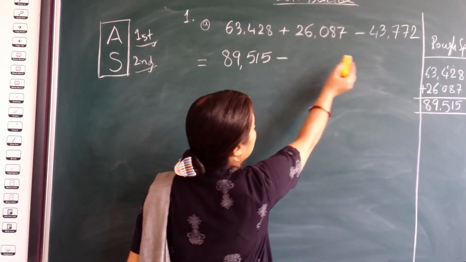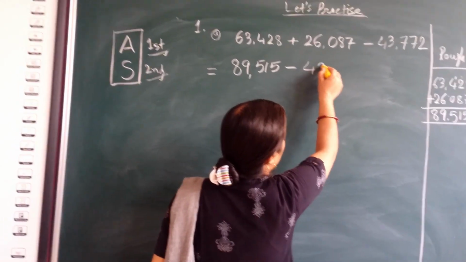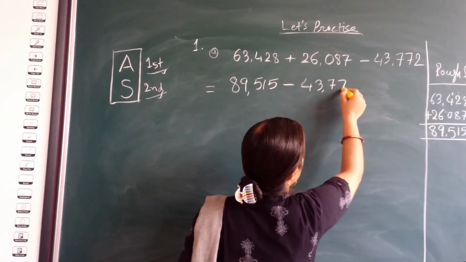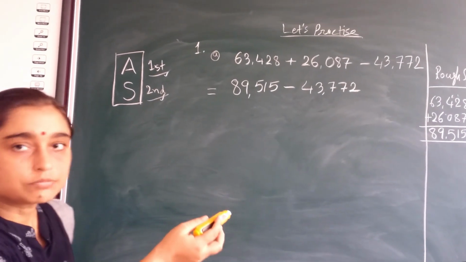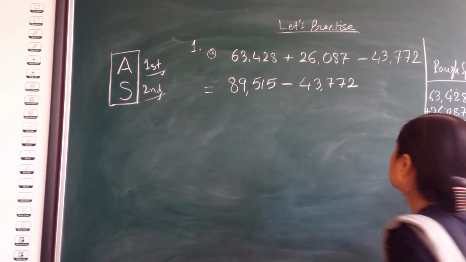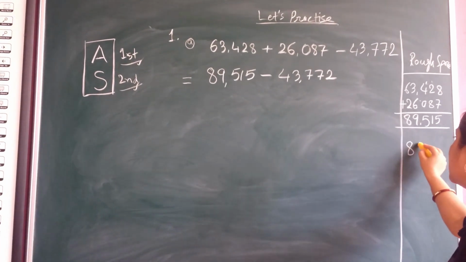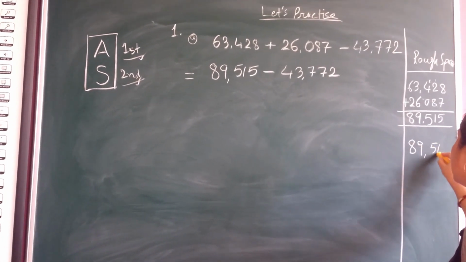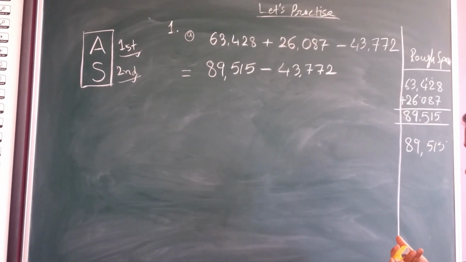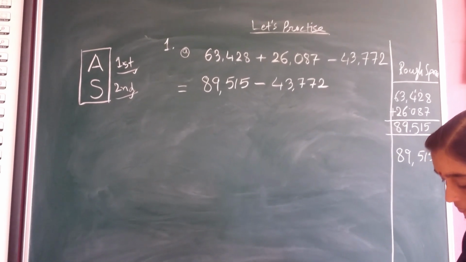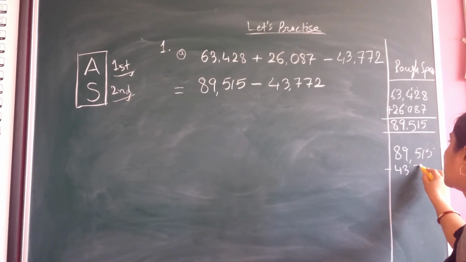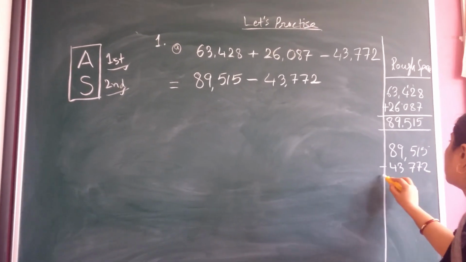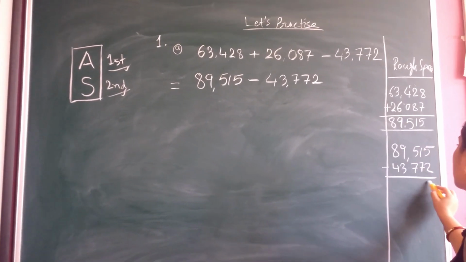Now we will subtract. Subtract how much? 43,772. From this one we will subtract. Subtract in our rough space. 89,515 minus 43,772. 5 minus 2 is 3.